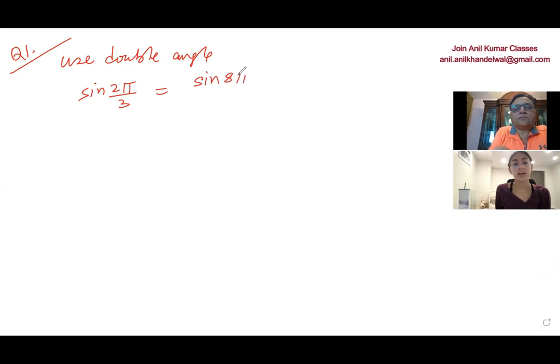Use the double angle formula for sine 4x to verify that sine 2 pi over 3 equals sine 8 pi over 3. So, double angle formula for sine 4x, and then we have to verify that sine 2 pi by 3 is sine 8 pi by 3.